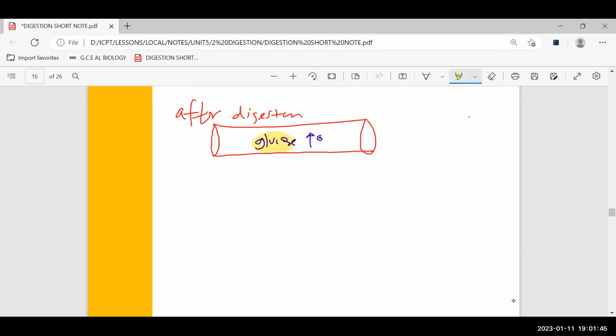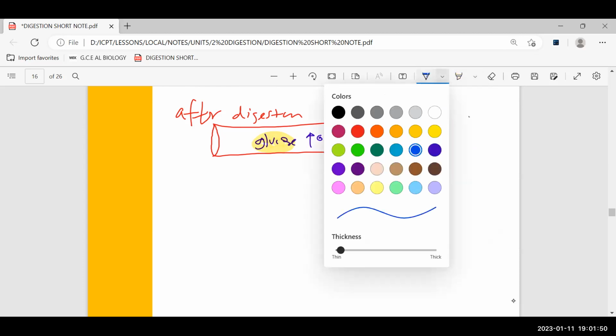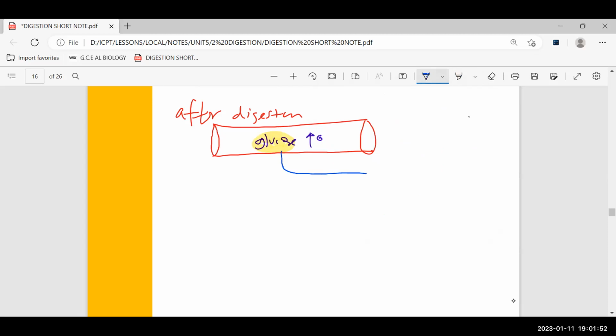Then the glucose has two pathways. This glucose goes directly to the cells, and some of the glucose stays in the liver. And the glucose molecules join together to produce glycogen.